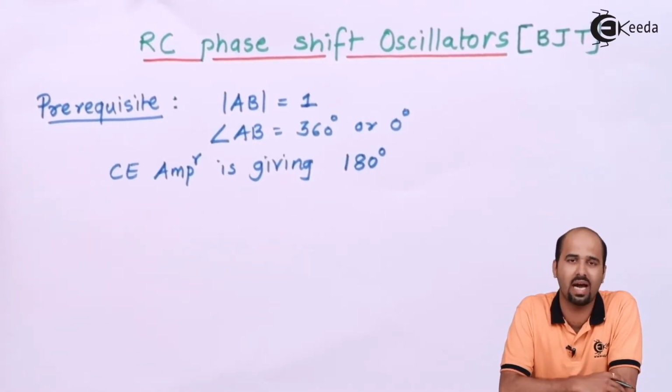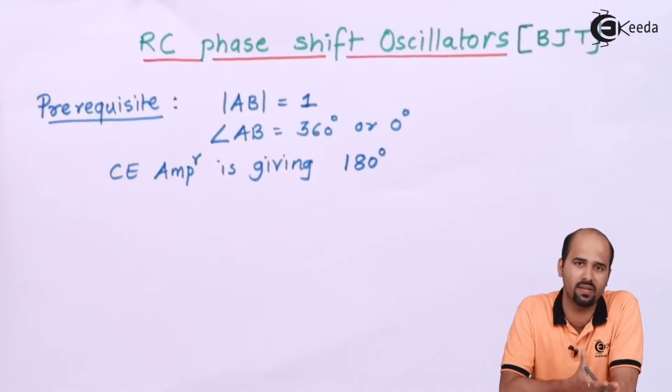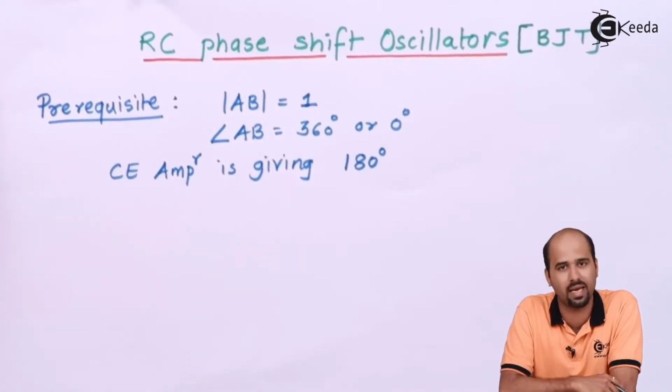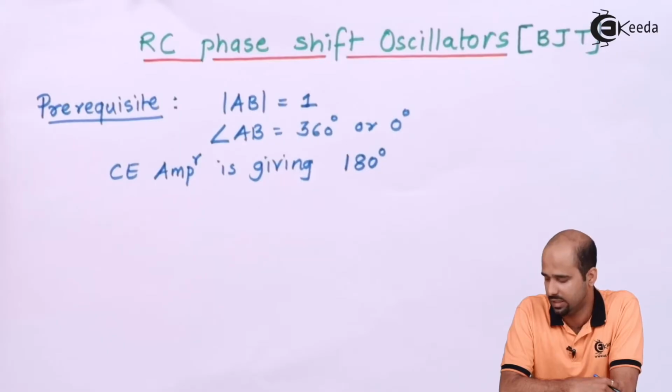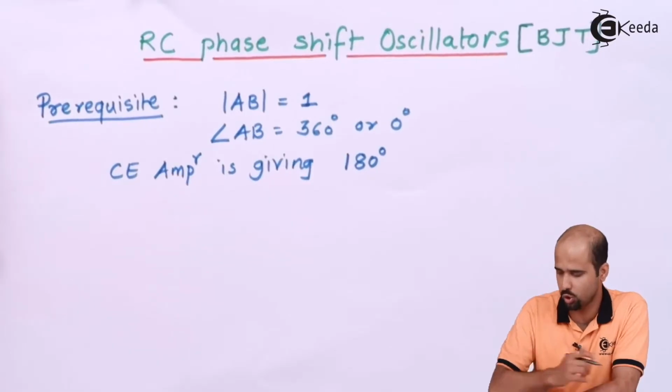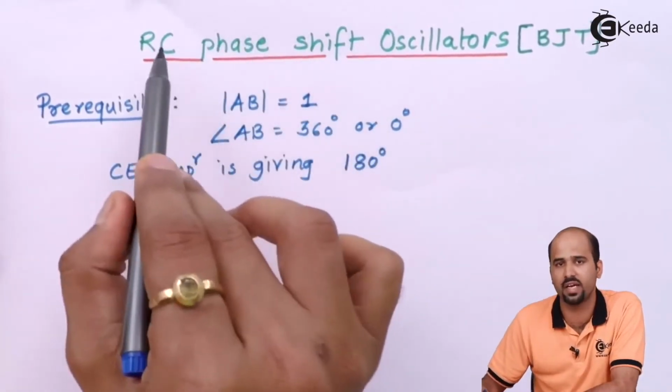So either I have to have minus 180 degree phase shift or 180 degree phase shift more in the feedback circuit, right? So I have to design my feedback circuit such that it will give me a phase of 180 degree or minus 180 degree. So that's why the name is phase shift.